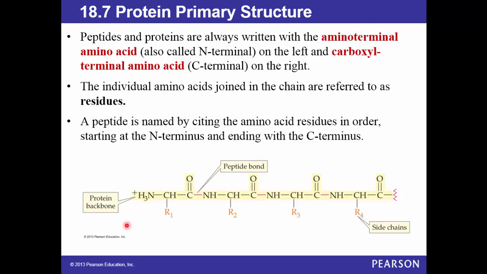These are called amino acid residues. A peptide is named by citing the amino acid residues in order, starting at the N terminus and ending with the C terminal. So we can draw an arrow like this with its head here. We call this the direction of the chain, from N terminal to C terminal end.